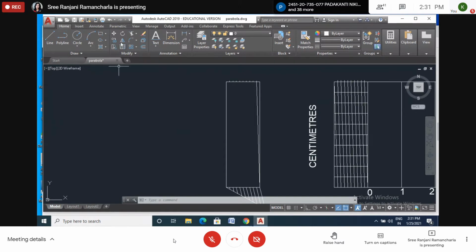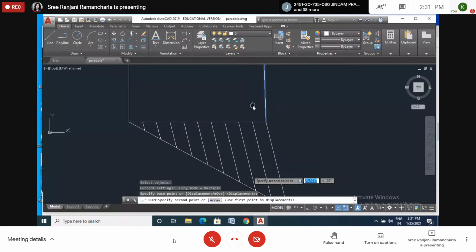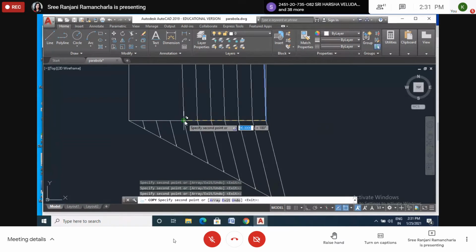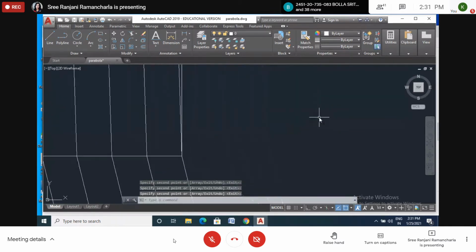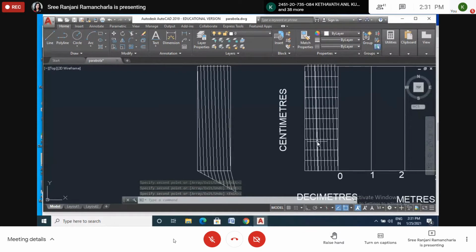So here what I do is, I will just copy this line, just copy like this, all the inclined lines. All of you got it? Yes. Okay, so like this you have to draw here.